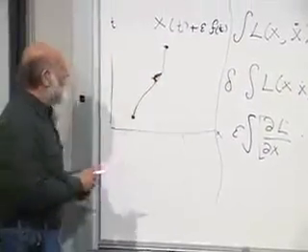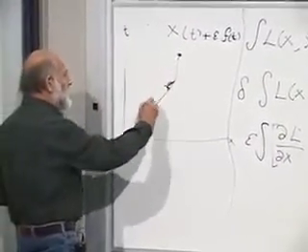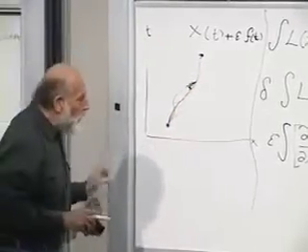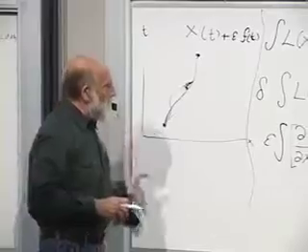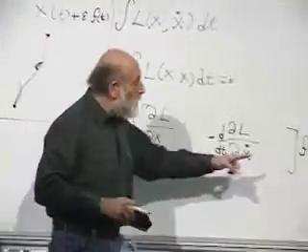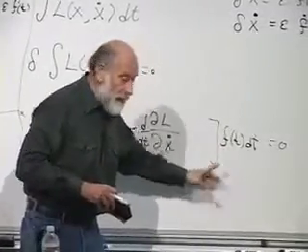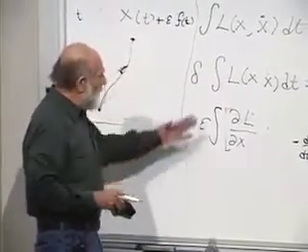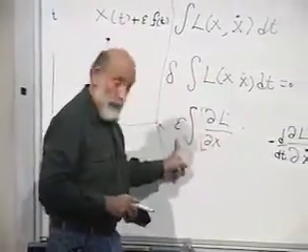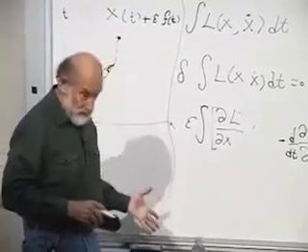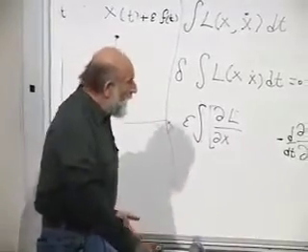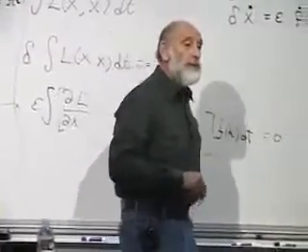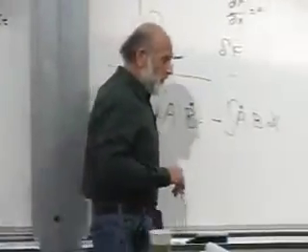We want to explore all possible neighboring trajectories, and require that every possible shift in the trajectory, in other words, every possible f, gives the same answer when you vary the action to first order, namely 0. All right? So that means that this has to be 0 for all possible functions f of t.